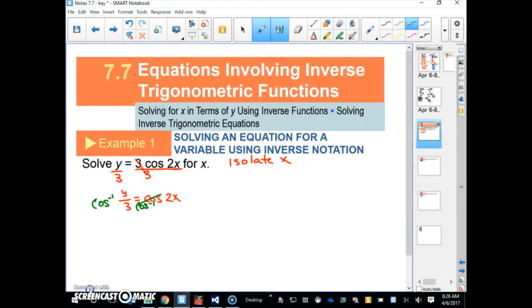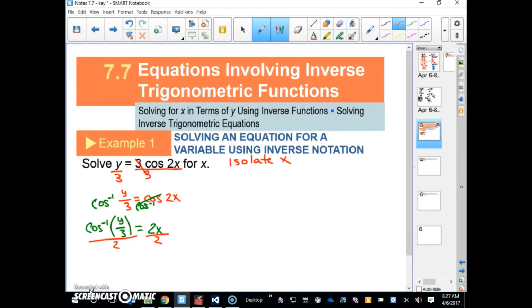Inverse cosine of cosine 2x is going to just be 2x. So what we have is inverse cosine of y over 3 equals 2x. I would use parentheses around that y over 3 just to be super clear about what's going on. Okay. So if I want to get x, the last thing I'm going to have to do here is divide by 2. I divide by 2 to get x by itself.